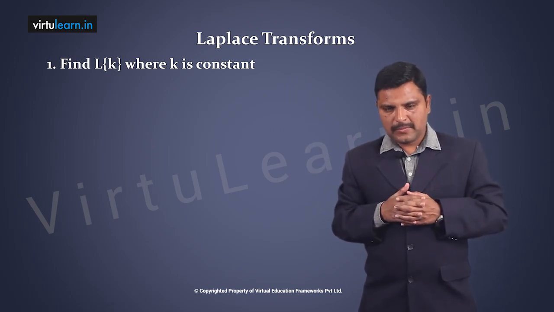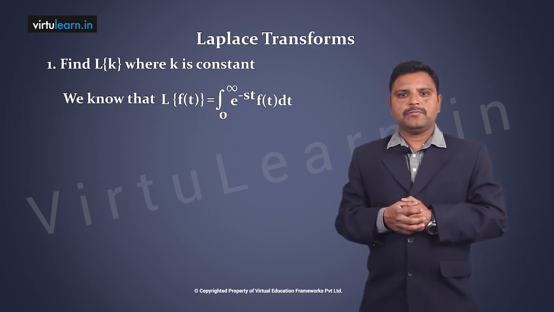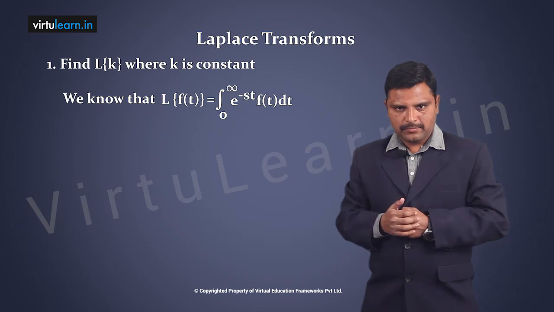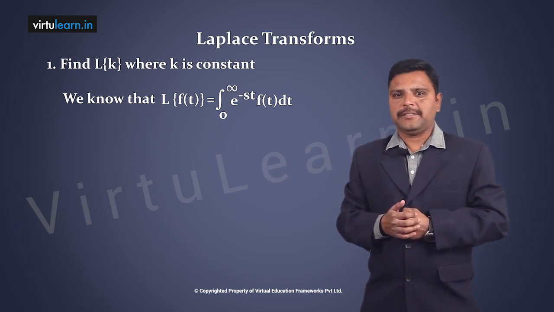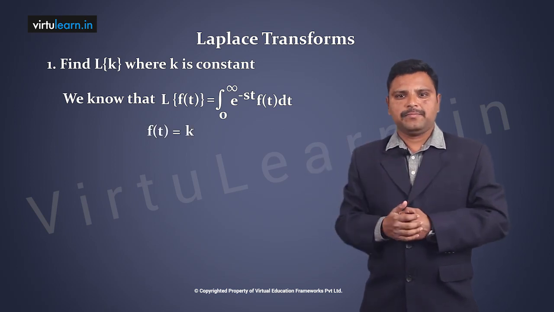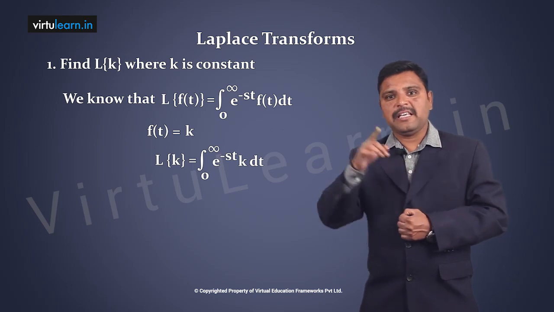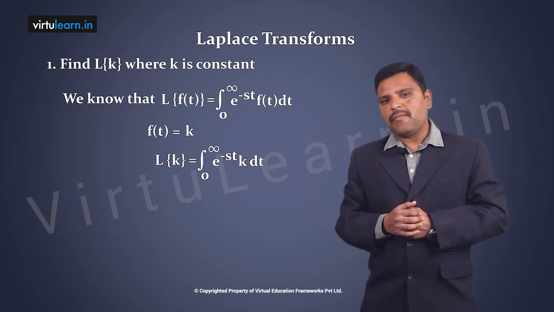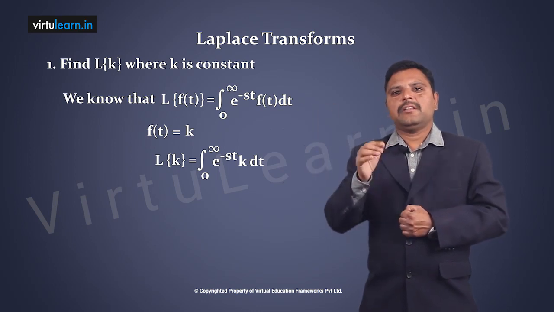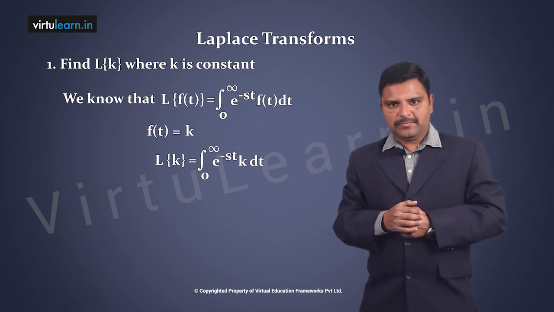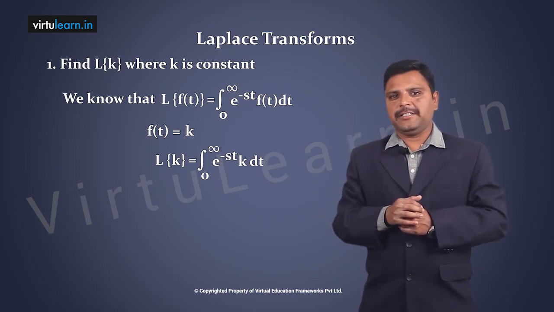Now suppose the Laplace transform of k, where k is any real constant. How should I calculate this? We know that the Laplace transform of f of t equals integral 0 to infinity e power minus st f of t dt. Here f of t is k, so we substitute k in place of f of t, giving integral 0 to infinity e power minus st into k dt.